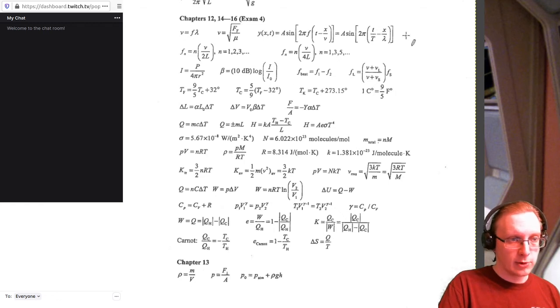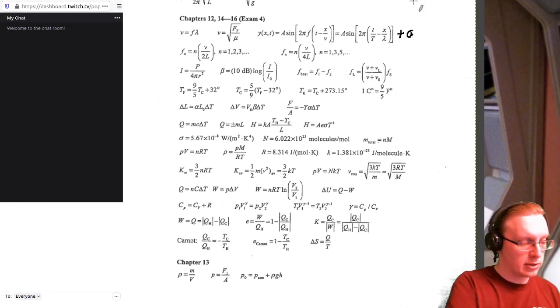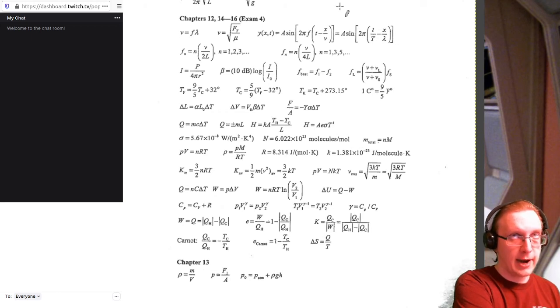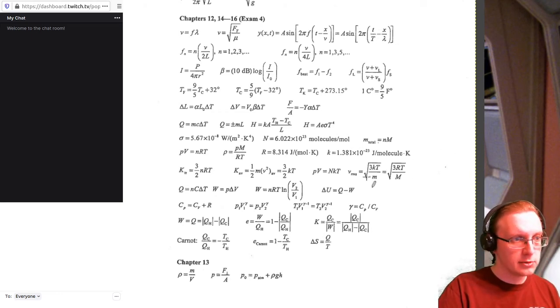But if we wanted to add, let's see here, add +1 atmosphere, then you would have the pressure of a sound wave, pressure of air as sound travels through it.